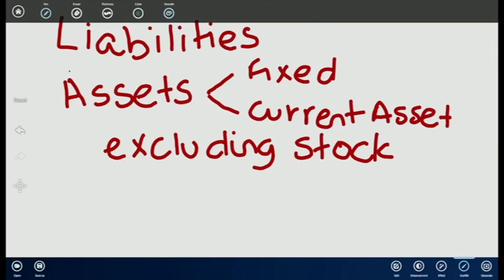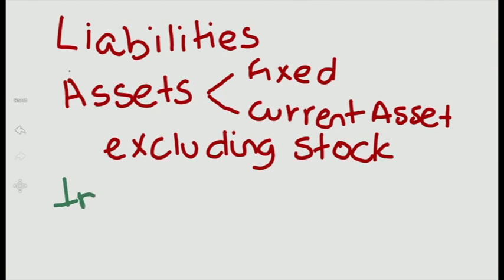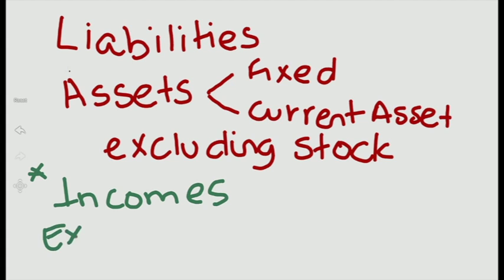So liabilities and assets, in terms of fixed assets or current assets, will not appear in our income statement. So what appears in our income statement? In our income statement, we are going to show all incomes of the business, and all expenses of the business.